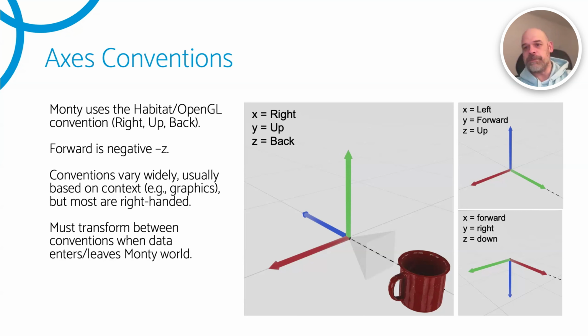We just have these assumptions built in, and they are due to Habitat, which uses the OpenGL, very common 3D graphics convention, which is this one. So it's something to keep in mind anytime you're interfacing Monty with any other visualization tool or simulation tool. This is probably the first question you should ask yourself.